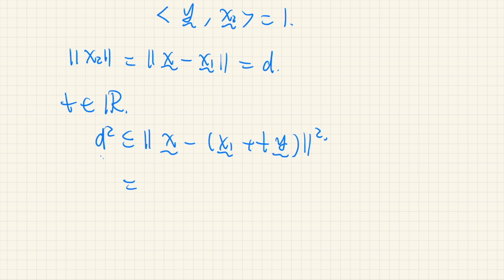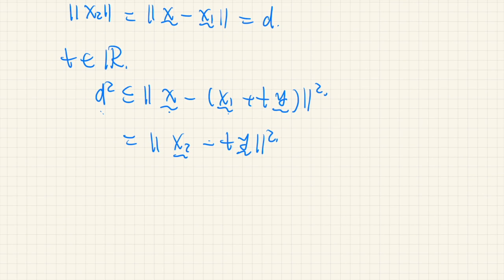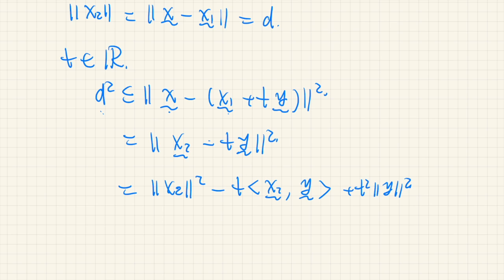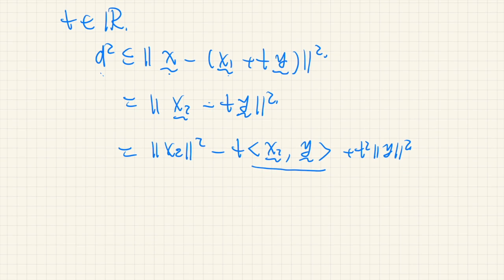Now x minus x1 is x2, so this is ||x2 - ty||². If we expand this, we have ||x2||² minus t times the inner product of x2 and y, plus t² ||y||². We assumed the inner product is 1, and ||x2||² is d squared. So d squared minus t plus t² ||y||².